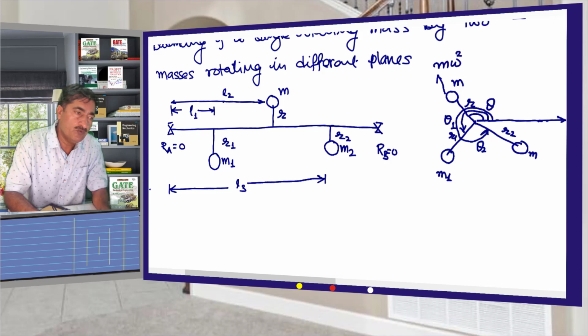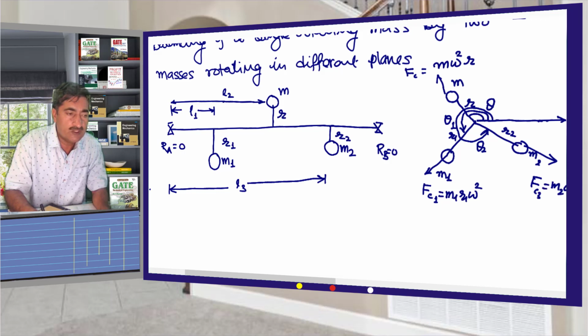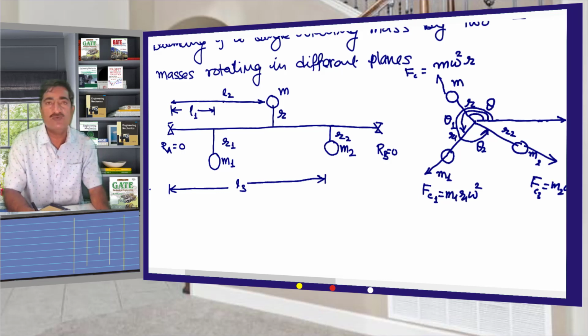Now, forces acting on these masses: M omega square R, this is equal to FC; FC1 equal to M1 R1 omega square; and FC2 equal to M2 omega square R2. These are the forces acting on the masses.